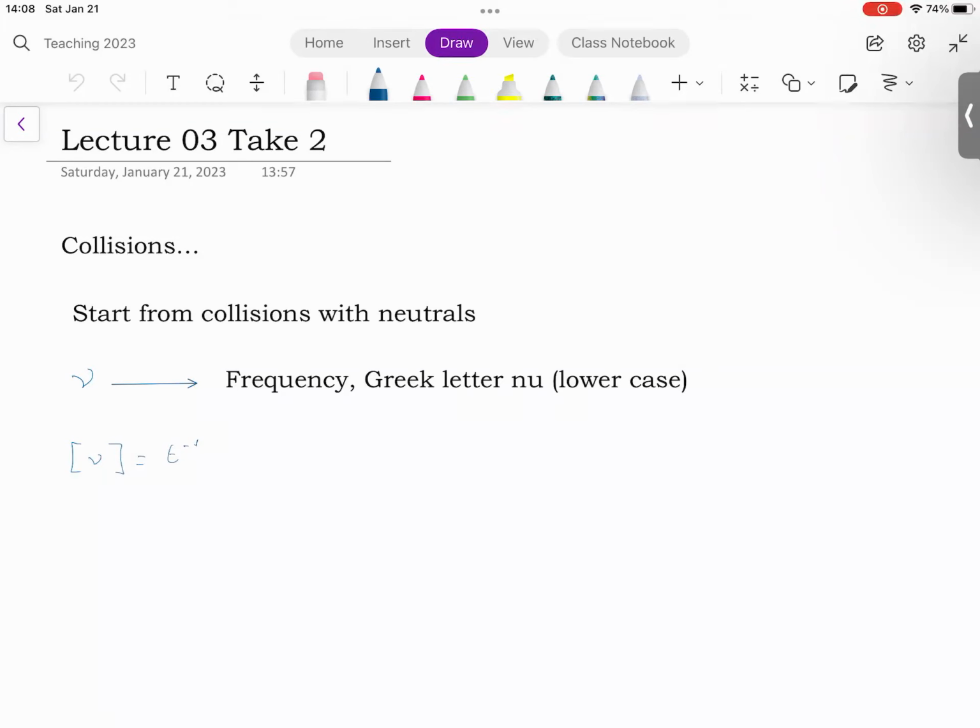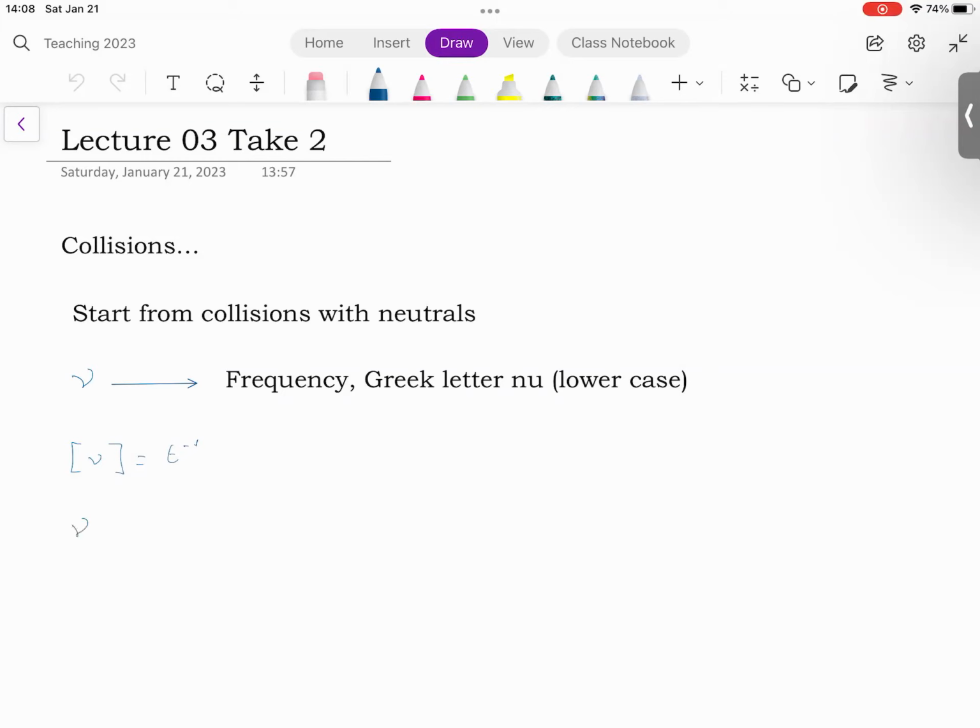There is going to be one of the expressions that sort of come out of nowhere that I'm going to write for that collision frequency. Let me write it first, and then we will briefly talk about it.